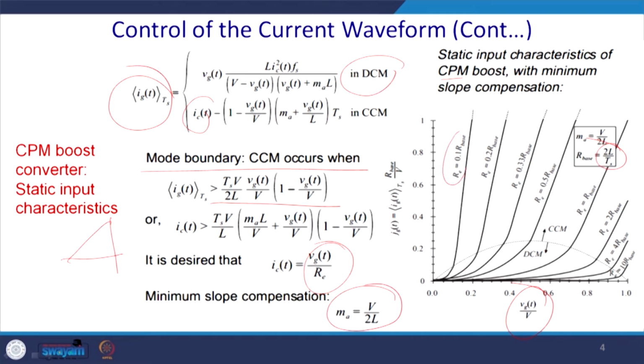After that you will have 0.1 of the base value, and gradually at this point around 2 you will have the base value, and thereafter the base value will increase. So, you can control the equivalent resistance of the circuit.